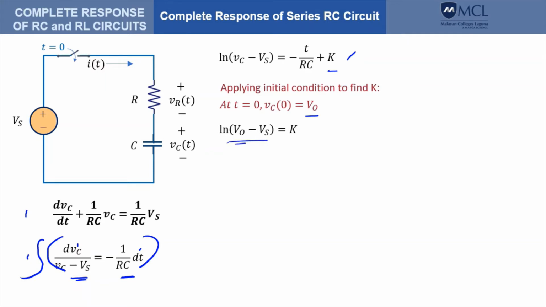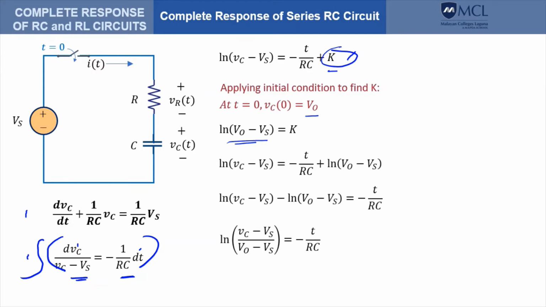Then we use this value and replace this k here. That will give us something like this. So this is our new equation. We transfer this term to the other side. That will give us this equation.